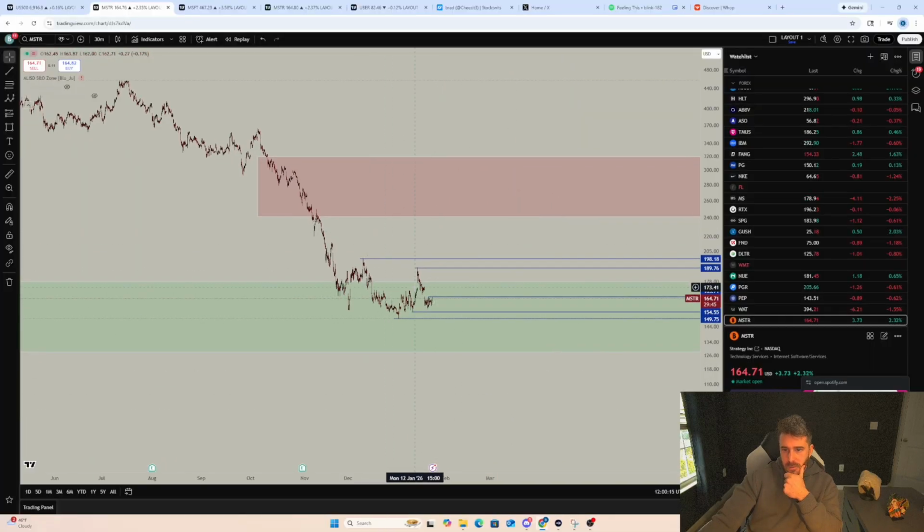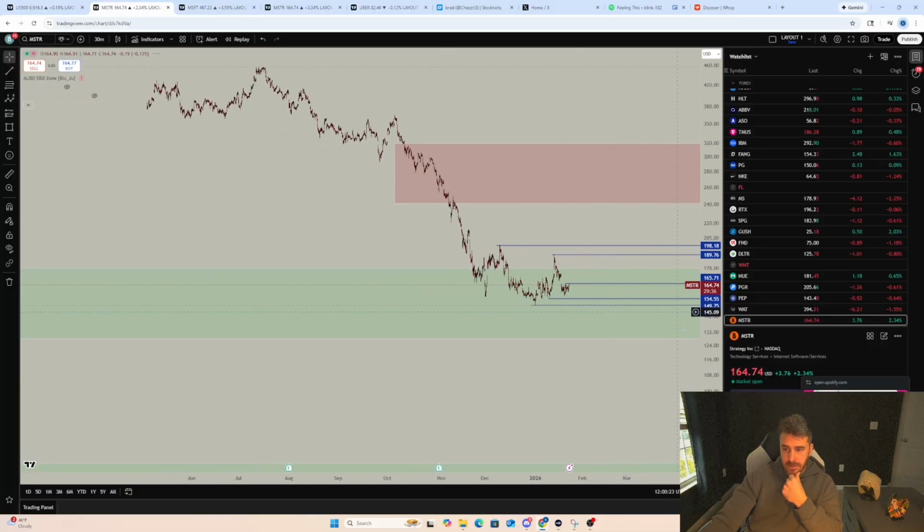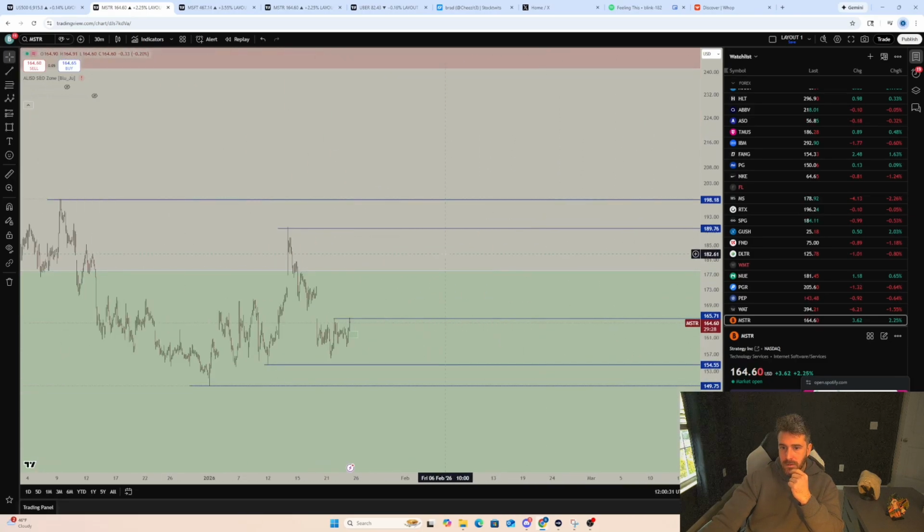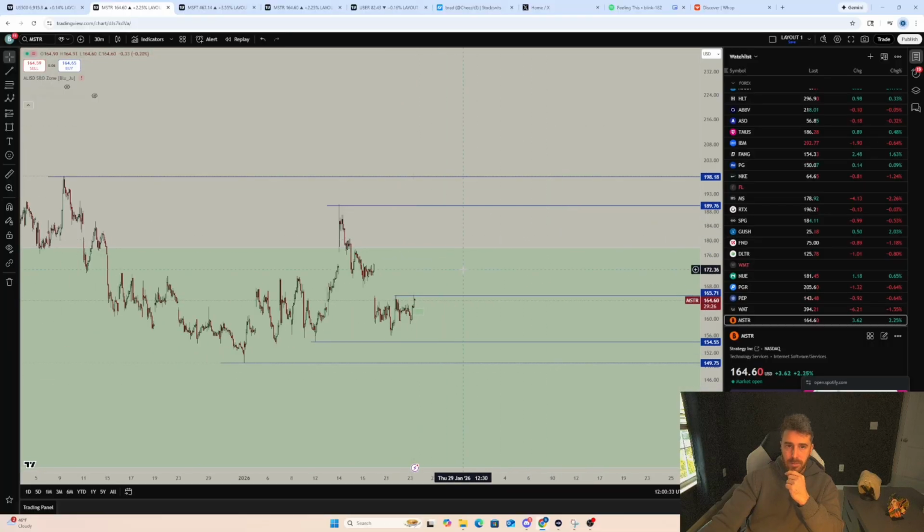But the goal is probably to retrace up here. Nice 100-point move. But we need conviction, a low time frame entry, something to help us enter a trade and then continue to print demand to stay in that trade.